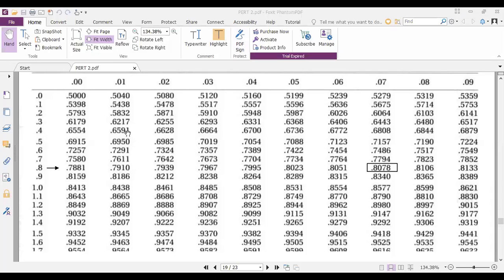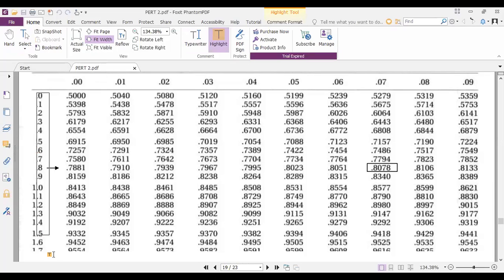So here in this table, if you go to the left hand side, you will find 0.1, 0.2, 0.3, these values. Just go through this side. I have made one block here.